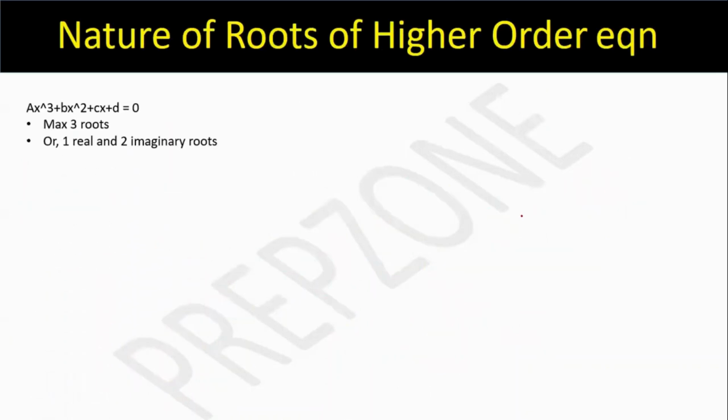For example, ये इसके root को मैं analyze करता हूँ. अगर कोई भी cubic equation है, cubic equation के maximum 3 roots हो सकते हैं. अब maximum 3 roots का क्या मतलब है? या तो तीनों roots real होंगे या फिर एक ही root real होगा, right? Because see if I have to analyze, या तो roots real होंगे या फिर roots complex होंगे.